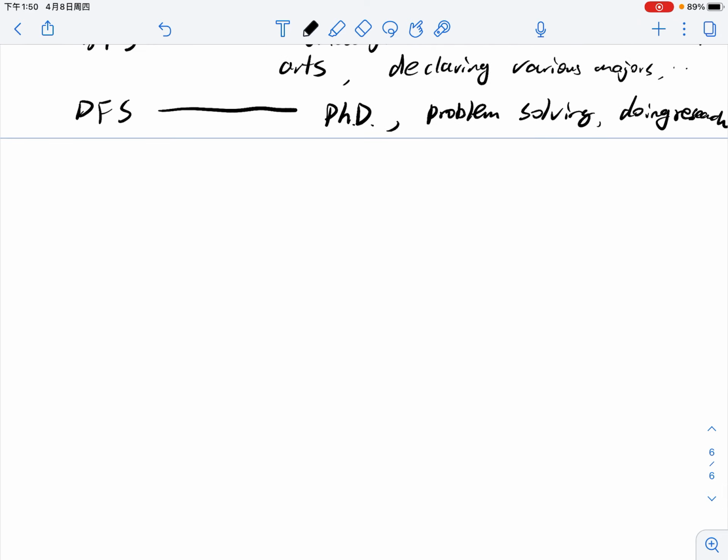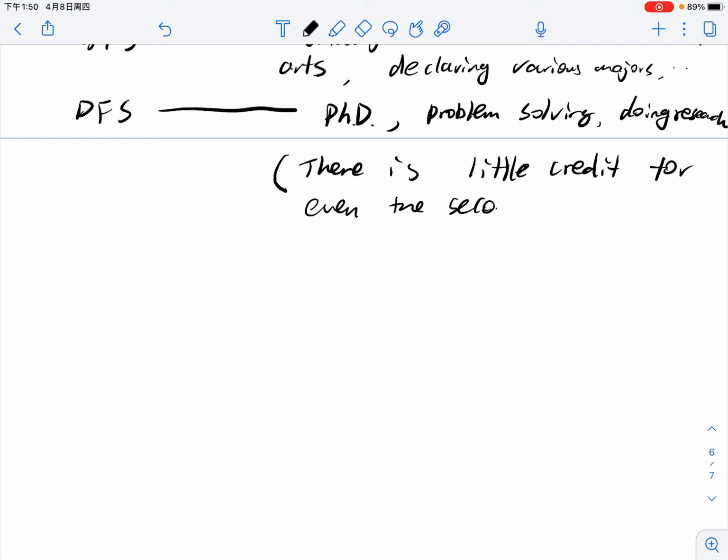Because for research or problem solving, there's little credit for even the second inventor. You need to be the first on something.